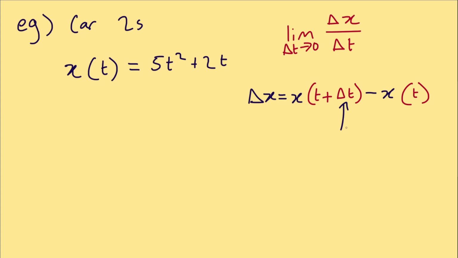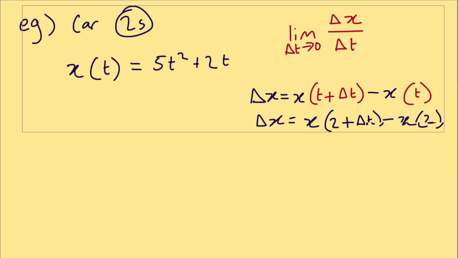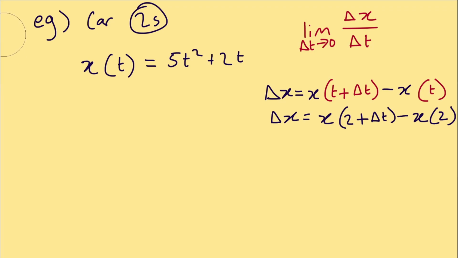This equation reads as x at time t plus a super small time interval, subtracted by x(t). And we know t is 2 seconds. We're looking for it at 2 seconds. So delta x is equal to x(2 + delta t) minus x(2).